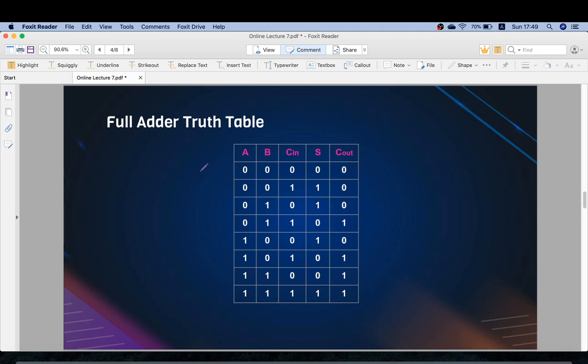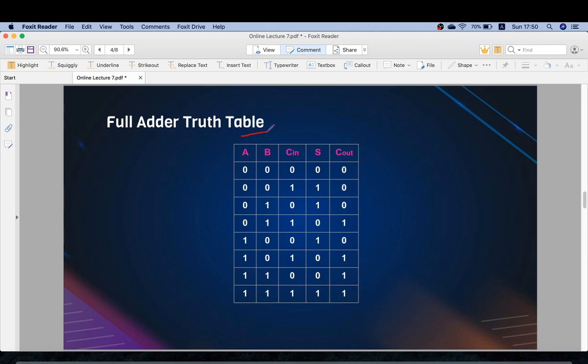So how will we make the truth table for full adder? First of all, let's start drawing the truth table for full adder.